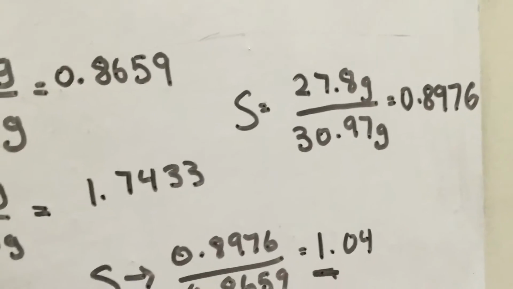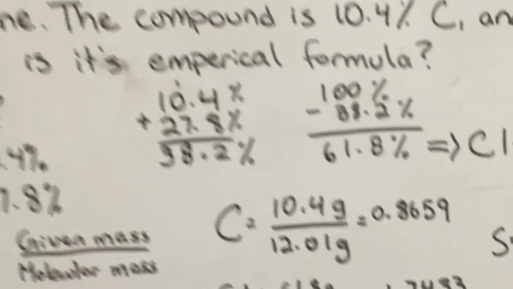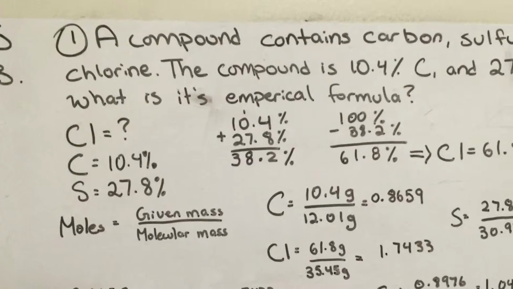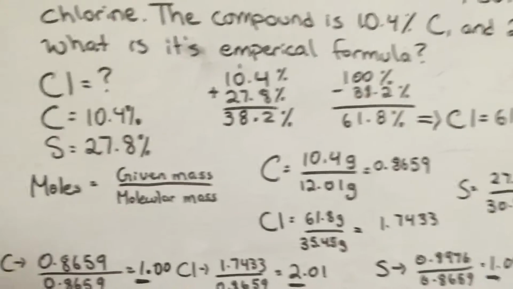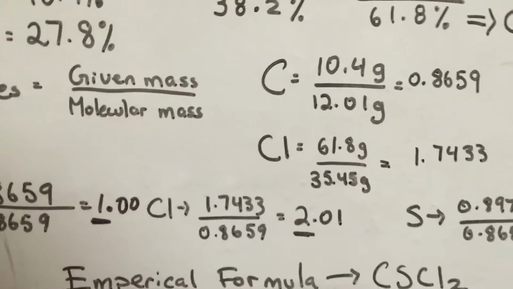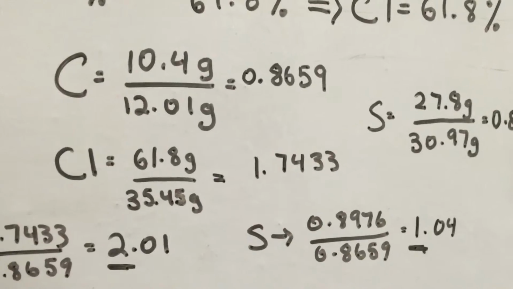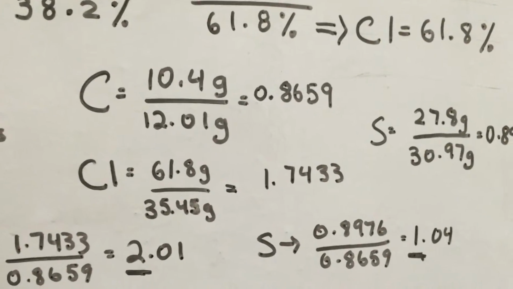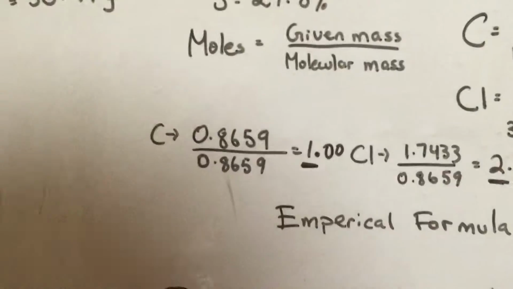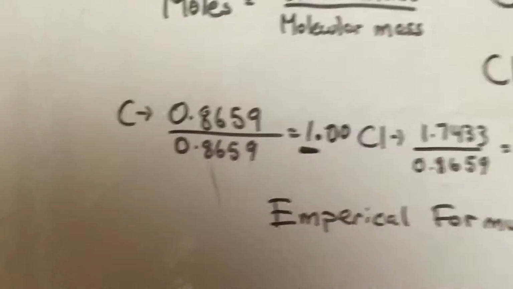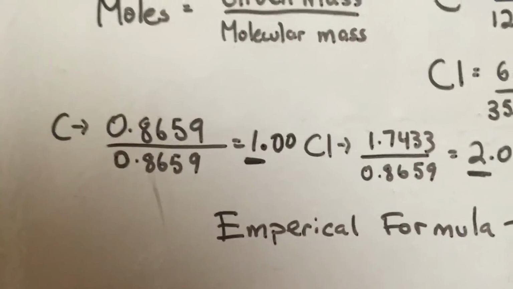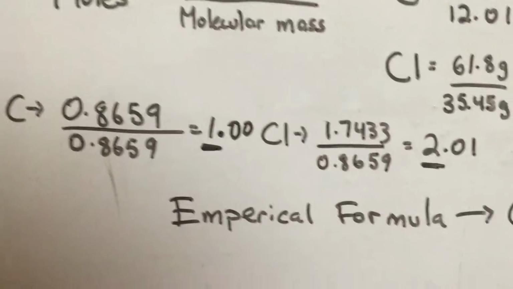0.8976 moles. Now, to find what the question is asking for, the empirical formula, we're going to use the smallest value, which was from carbon, and divide them to simplify. Carbon goes into itself one time.